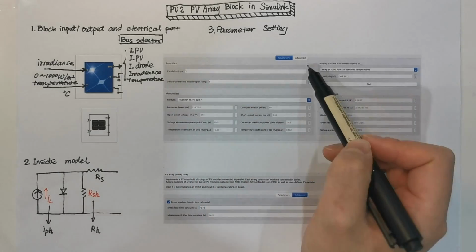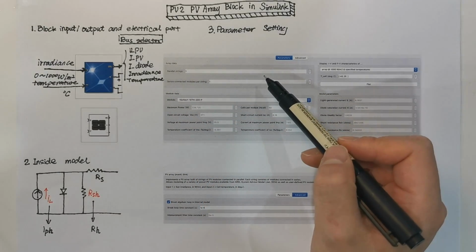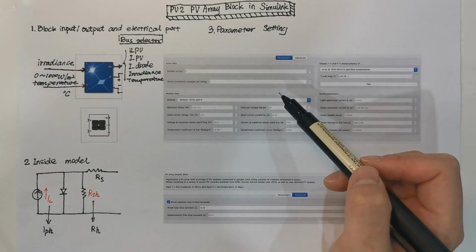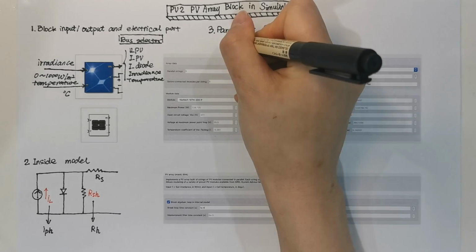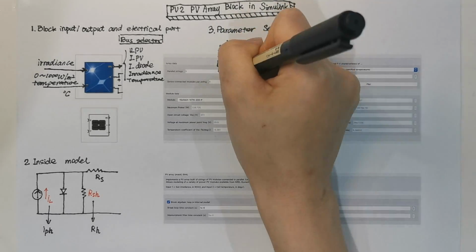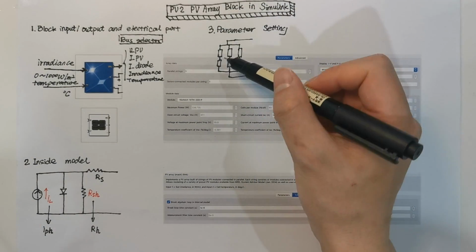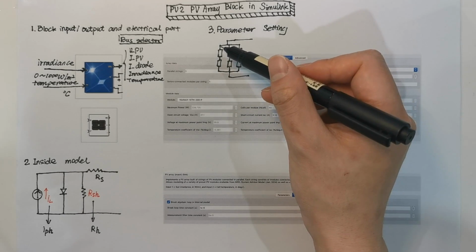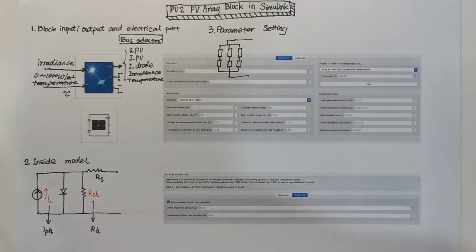The first section is to set the array data. This block can also mimic a whole PV array's behavior. If a PV array looks like this, it means we have 3 strings in parallel, and on each string we have 2 panels.